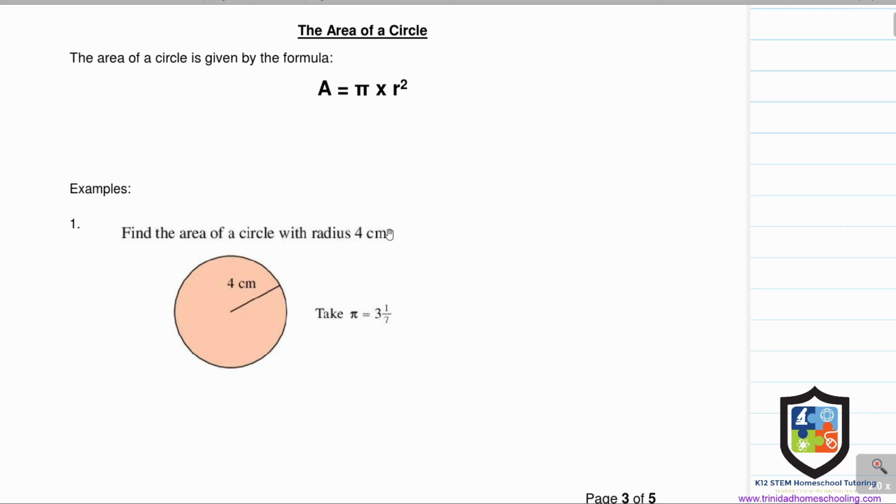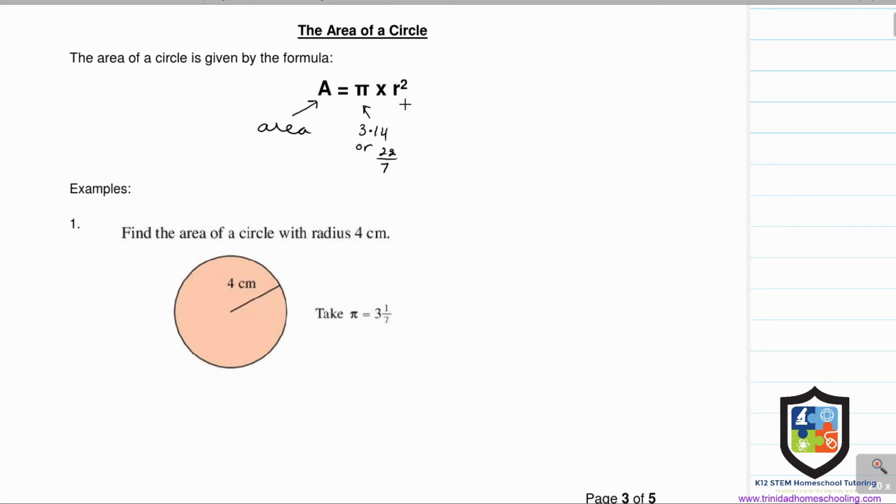Alright, so let's look at finding the area of a circle. So the formula to find the area of a circle is equal to pi, and we said that pi could be 3.14 or 22 divided by 7. Now they usually tell you which value to take. If not, you could use whichever one would be easier for you.